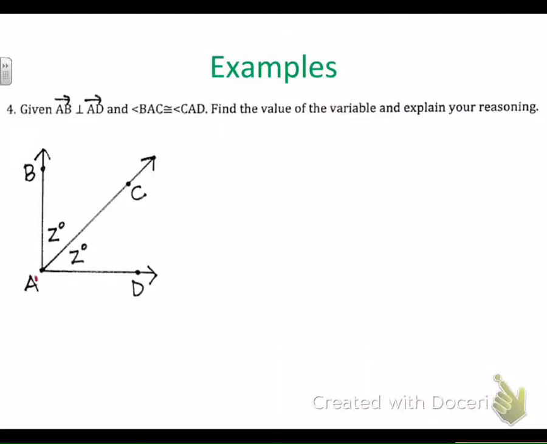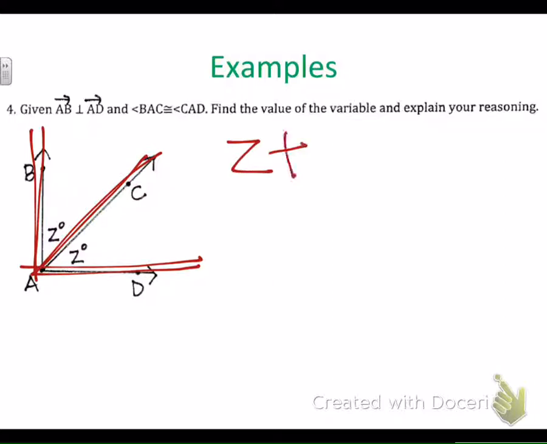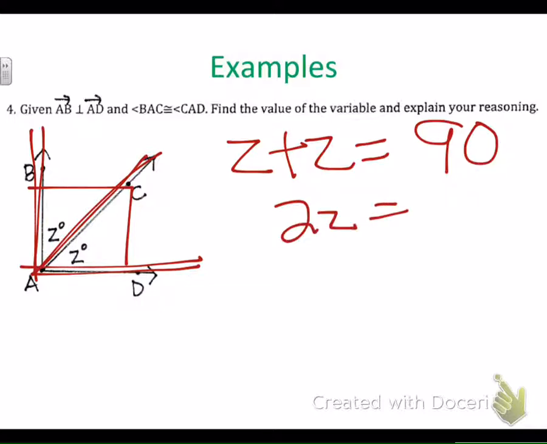Alright, given AB is perpendicular to AD and BAC is congruent to CAD, find the value of the variable and explain your reasoning. So you could do it two ways. You could do z plus z is equal to 90, since we know this is perpendicular. So 2z is equal to 90, divide by 2.